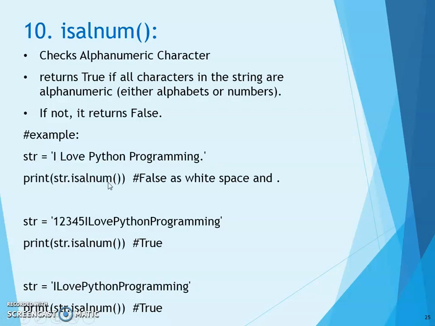Here there are not only alphabets and numbers. Spaces, that is white space, and the dot operator, that is a full stop, are there. That's why it will return false. As this string has only alphabets and numbers, it will return true. This one has only alphabets, so it will return true.